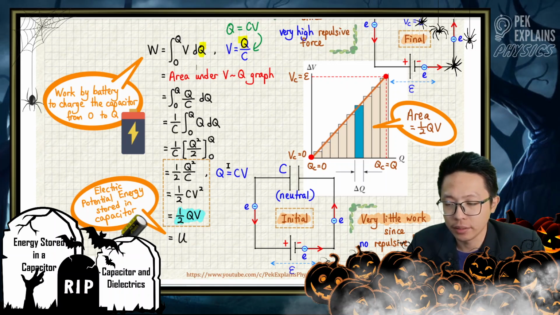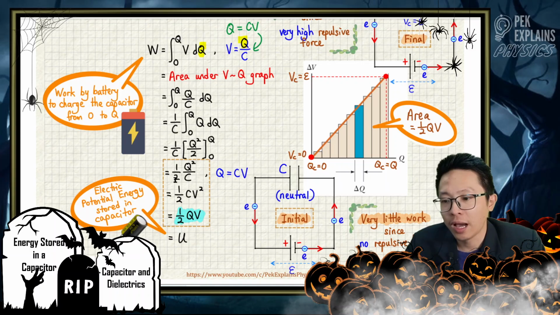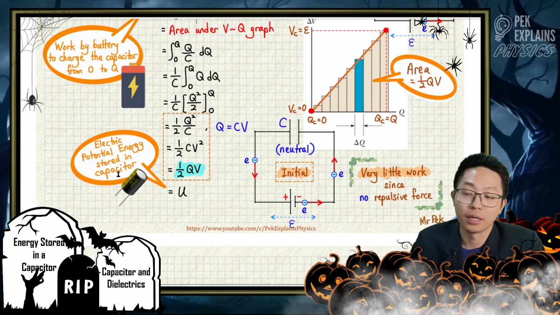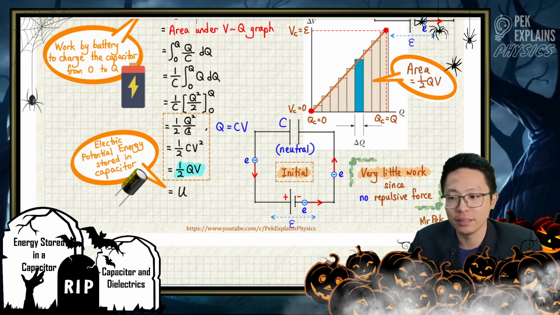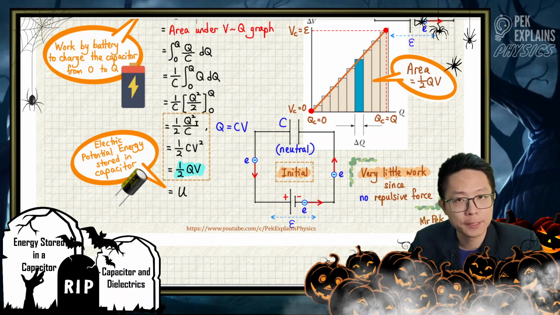Minus 0, you just ignore. So you are left with half Q squared over C. This is the work done by the battery to charge a capacitor from 0 to maximum charge. So you got the formula for the electric potential energy stored in the capacitor. Just that easy integration, and you got the formula, half Q squared over C.